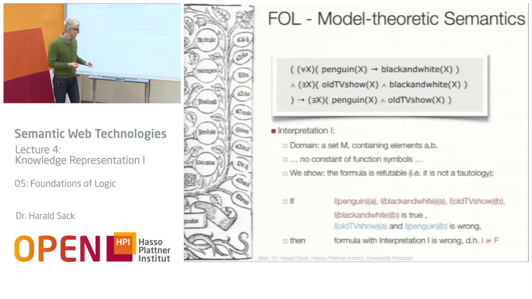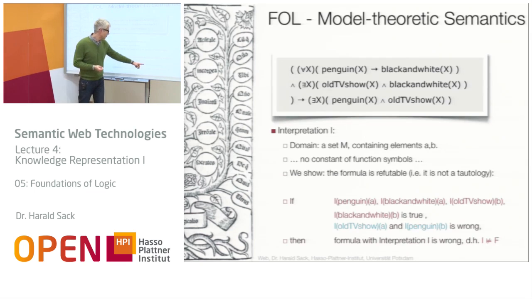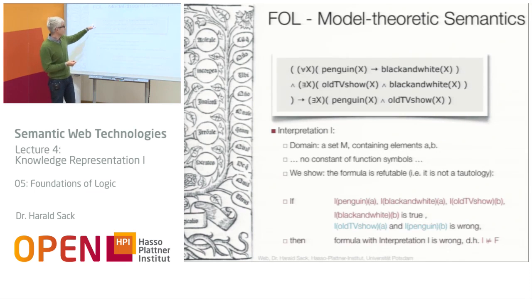Then, if we assign A is not a TV show, and B is not a penguin, then the entire formula, if we substitute these elements of our set M, A and B, into the positions of the variables with the assignment that this here is true and this here is wrong, then the formula will also compute wrong.